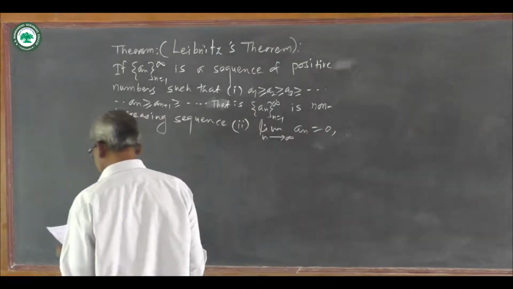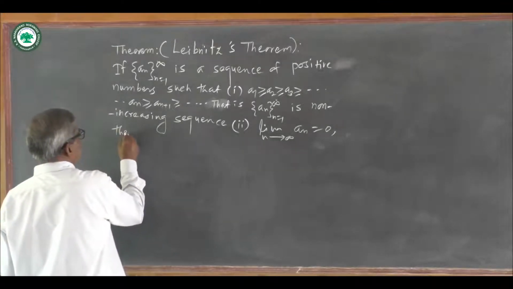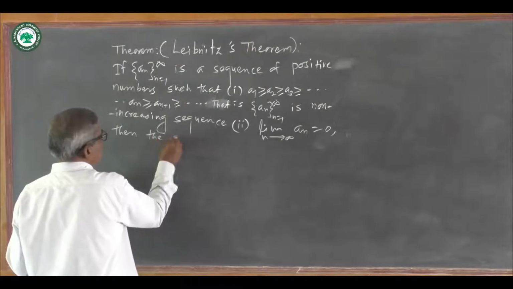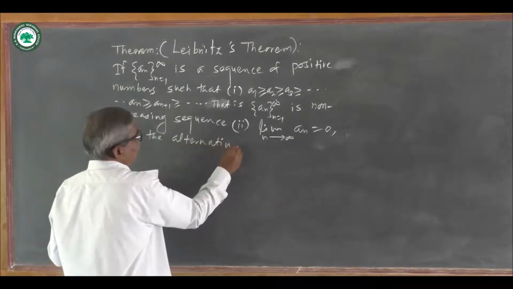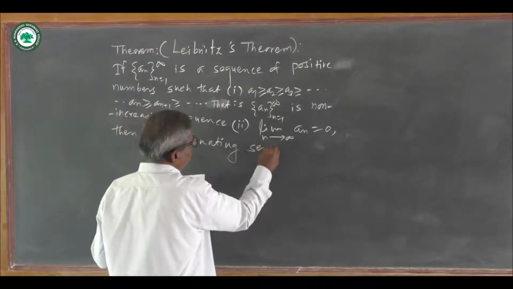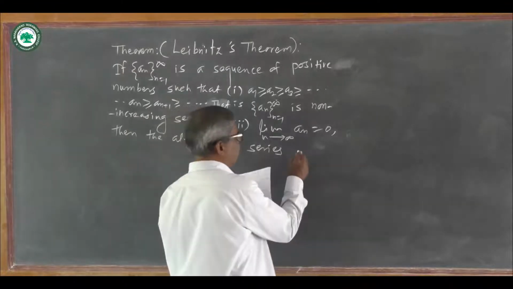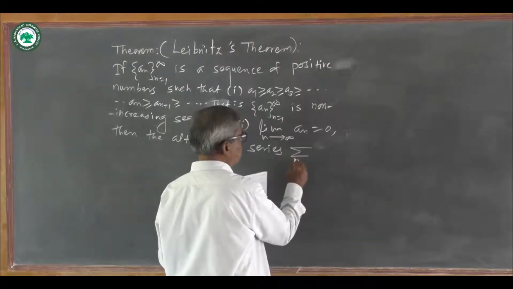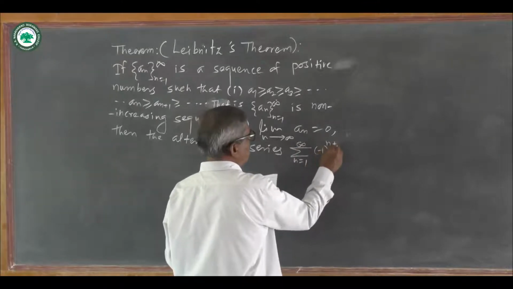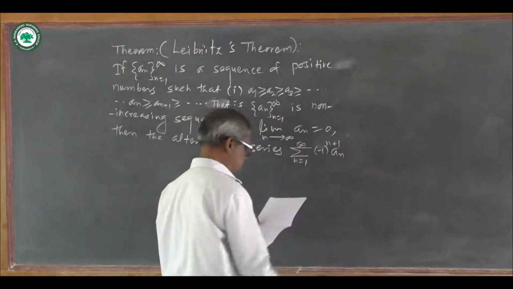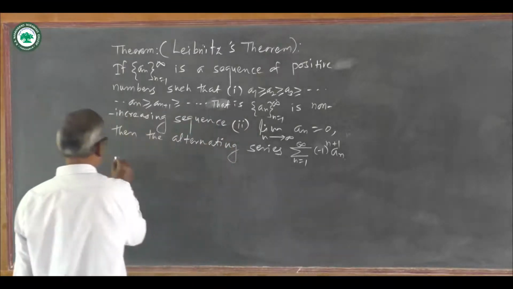Then the alternating series, summation n equals 1 to infinity of minus 1 raised to n plus 1 into a suffix n, is convergent.